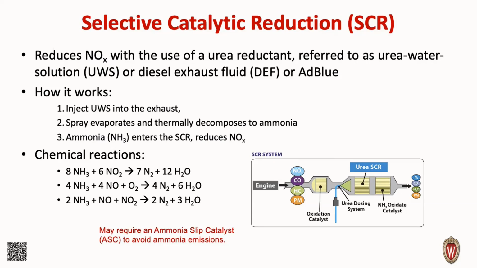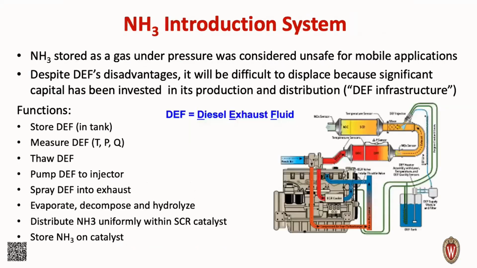The problem is when you oxidize this ammonia, you're going to form NO and NO2, so you're sort of undoing the good you did. You don't want to overdose because you don't want to create the same problem that you just cleaned up.